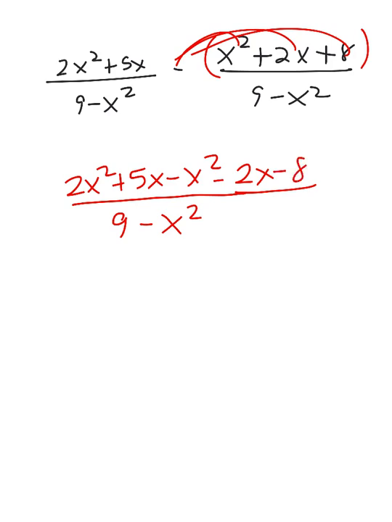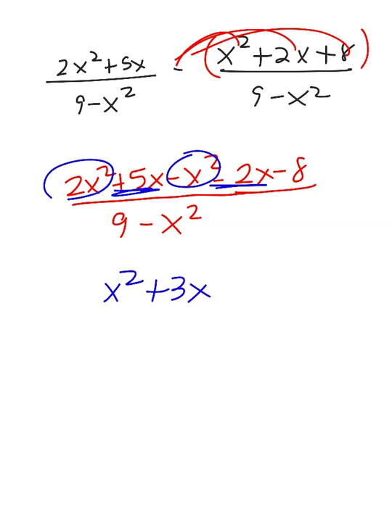Combine like terms. So 2x squared minus x squared is x squared. 5x minus 2x is positive 3x. And then I have minus 18. Sorry, I forgot the 18 here. So then it's minus 18 over 9 minus x squared. Now we need to factor.